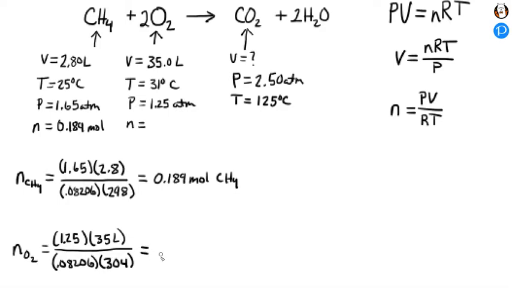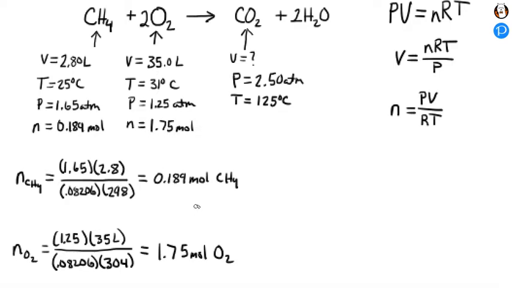Crunch the numbers on this, and we should get 1.75 moles of O2. So I'm going to write that up here. That's how many moles of O2 we have, 1.75 moles of O2.